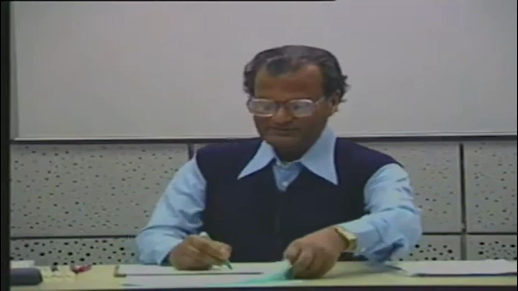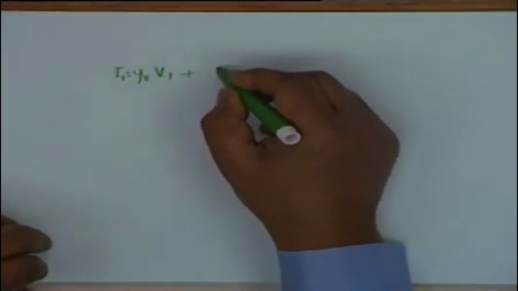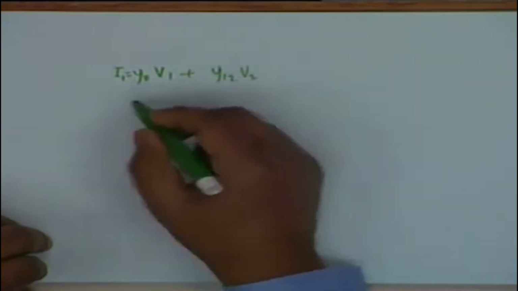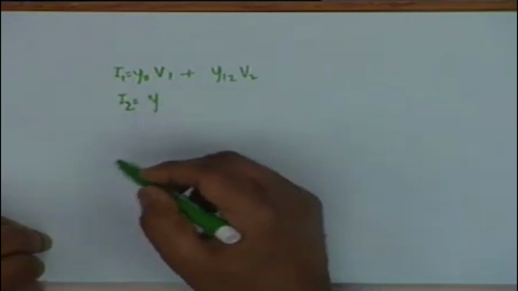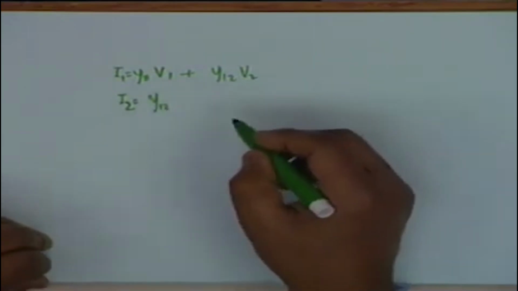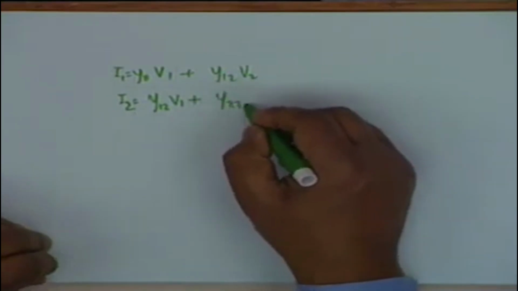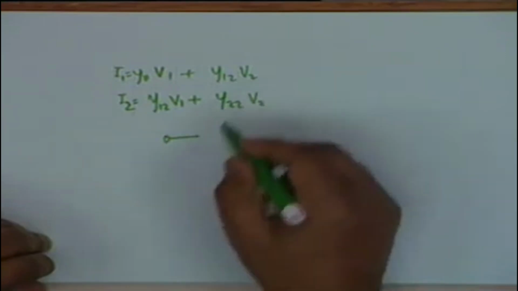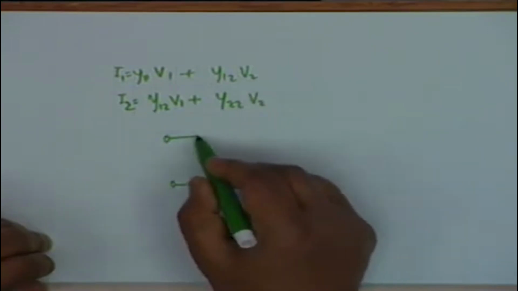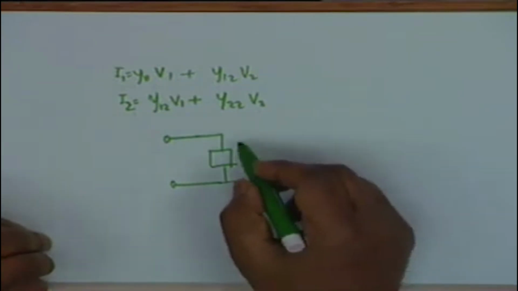If I write these equations again, I1 equals Y11 V1 plus Y12 V2, and I2 equals Y21 V1 plus Y22 V2, where Y21 is equal to Y12, so let me write Y12 V1 plus Y22 V2. It is very easy to show that these two equations can be represented by a network looking like a pi.